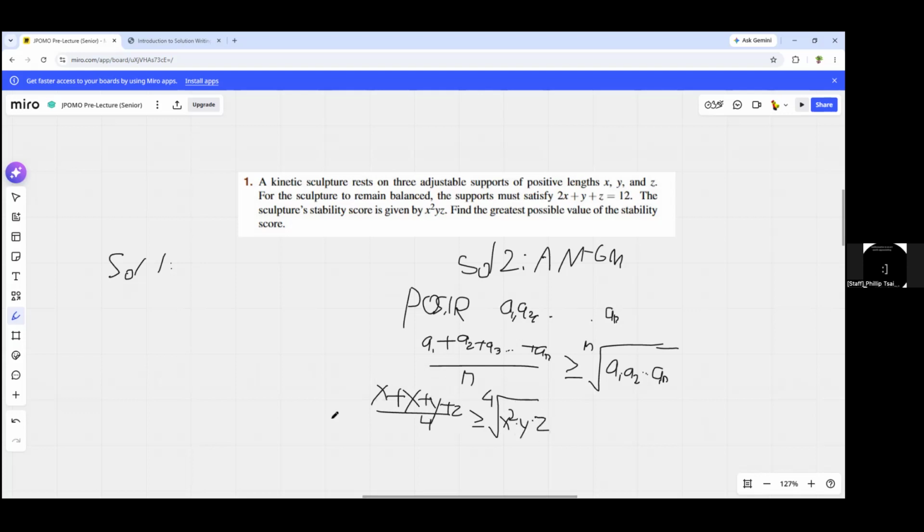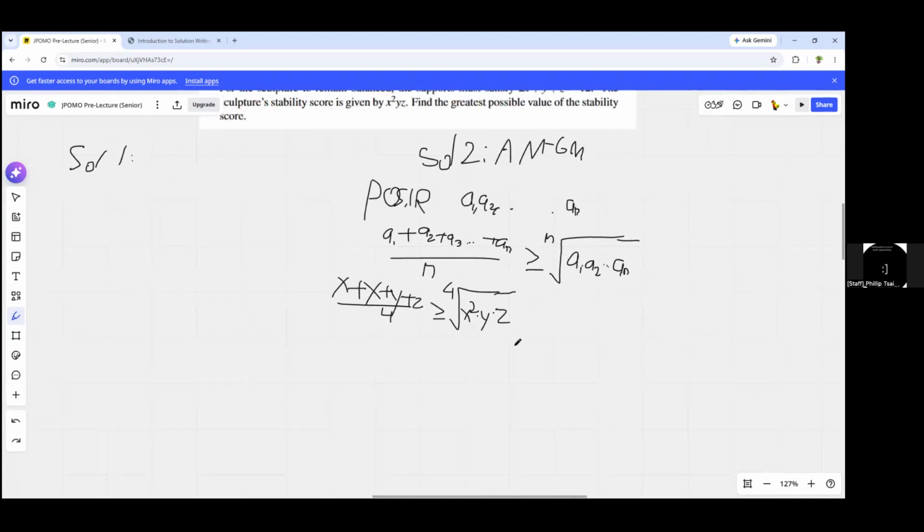Now notice by splitting the terms into x and x, you've effectively increased the exponent by one. And in fact, this is a very useful strategy for dealing with weird powers, different from what would usually be in AMGM. It is a very useful technique in many inequality problems.